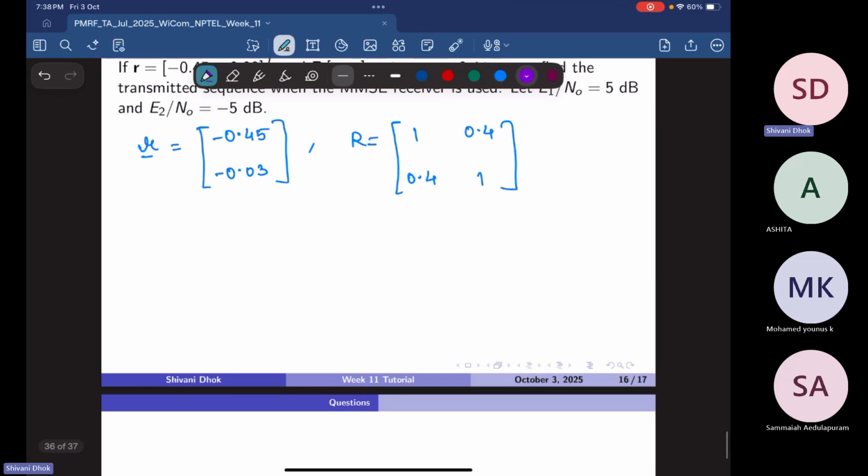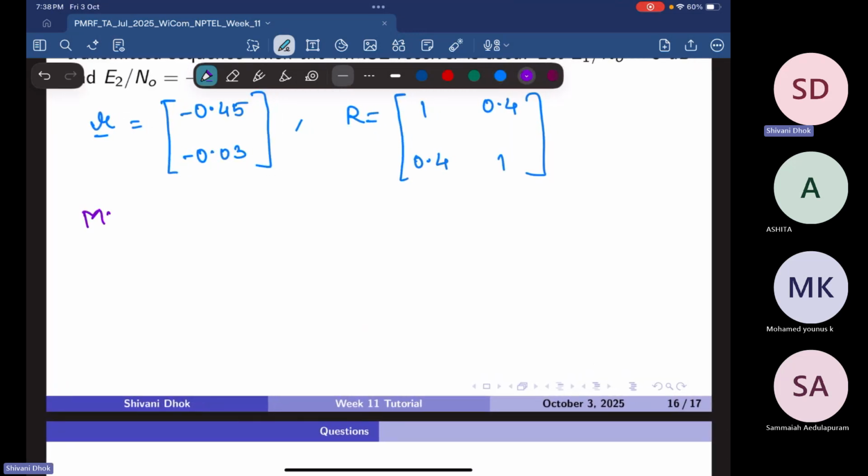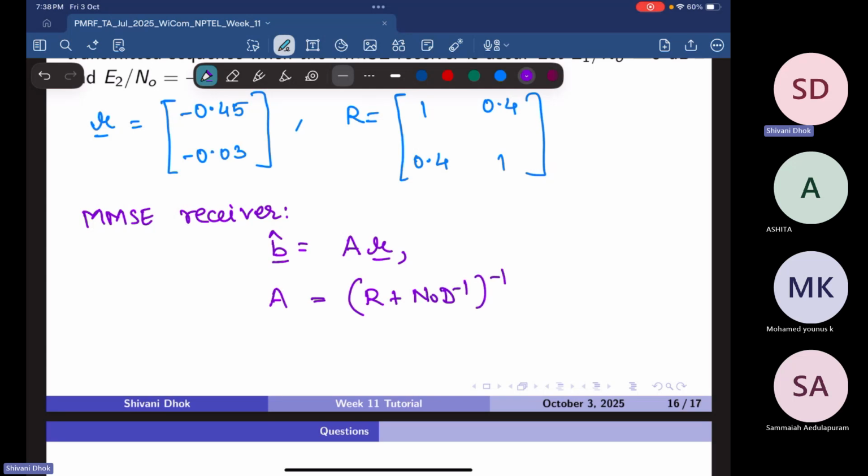And the MMSE receiver gives us the B hat as A into R, where this matrix A is given by (R plus N naught into D inverse) whole inverse.